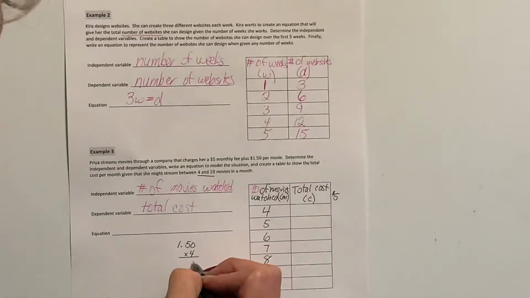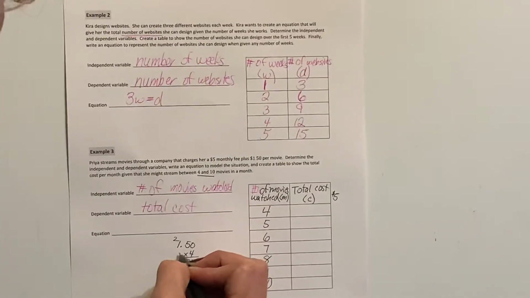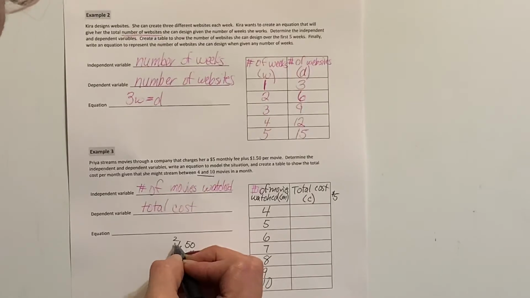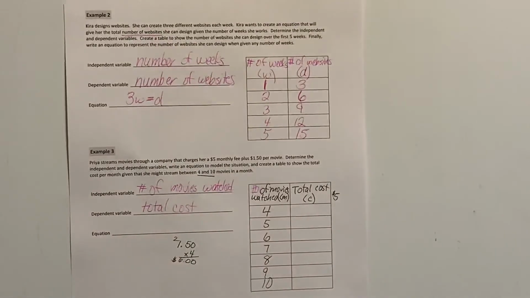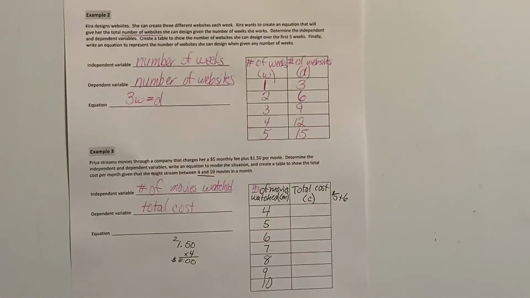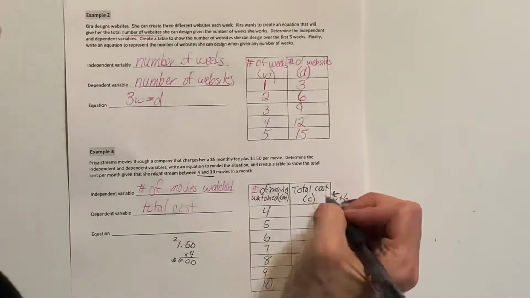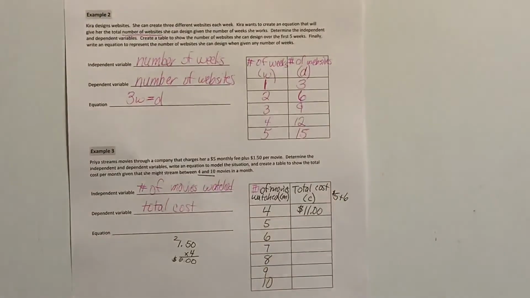Okay, so that would be 0, 20. That would be 4, 5, 6. So that would be $6 for the movies. So we've got $6 for the movies and $5 for the monthly fee. So that would be a grand total of $11 cost for 4 movies.